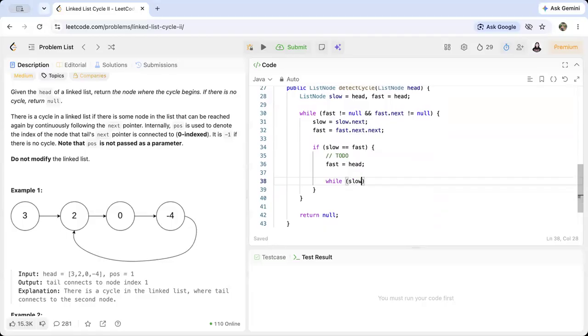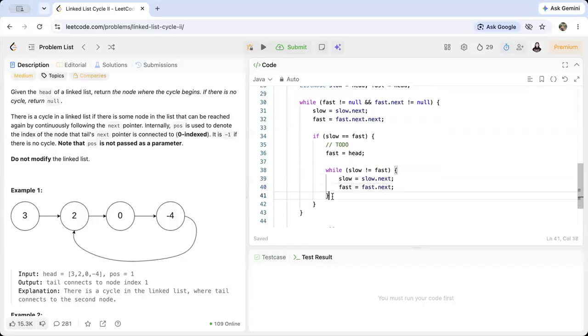While my slow is not equal to fast, we move slow by a step and fast by a step. When slow and fast meet, we get the start of the cycle. So then we return slow. This is how the code works.